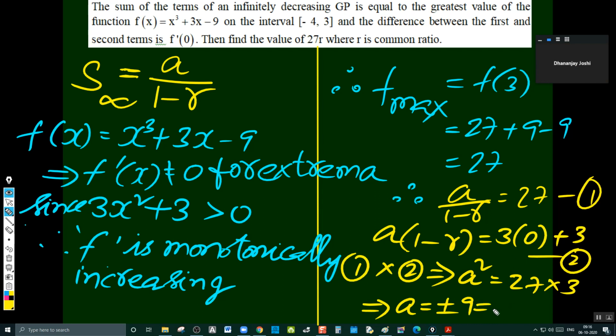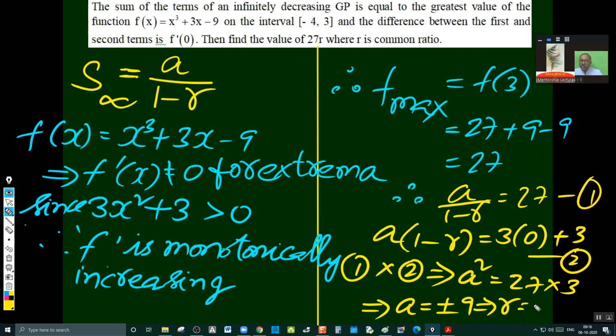27 r का. r is 1 by 27. r is 3 by 9. 3 by 9 है ना बेटा? हाँ r is इधर 3 by 9, 1 by 3. 1 minus r is equal to 1 by 3.